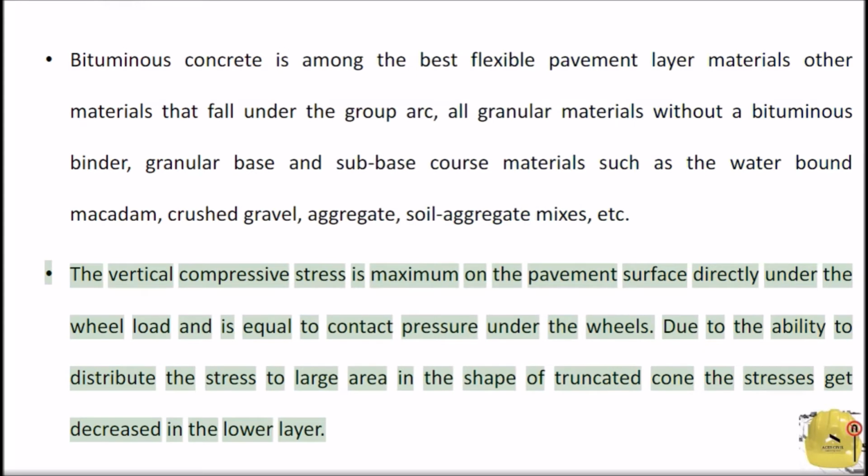The vertical compressive stress is maximum on the pavement surface directly under the wheel load and is equal to the contact pressure under the wheels. Due to the ability to distribute the stress to a large area in the shape of a truncated cone, the stresses get decreased in the lower layers.